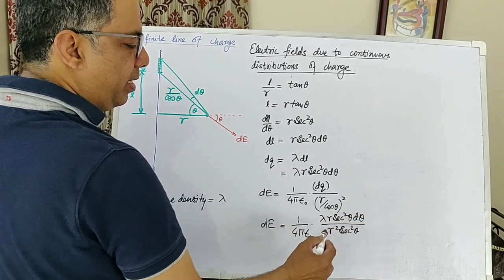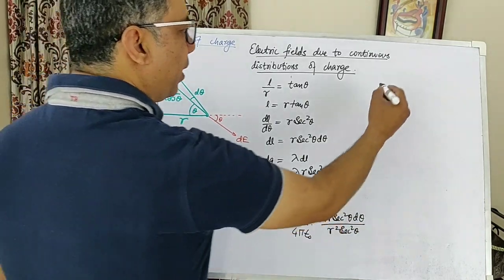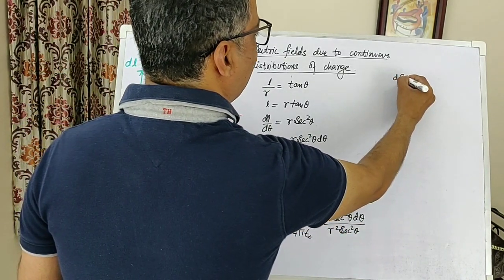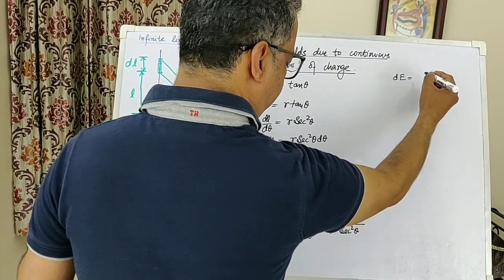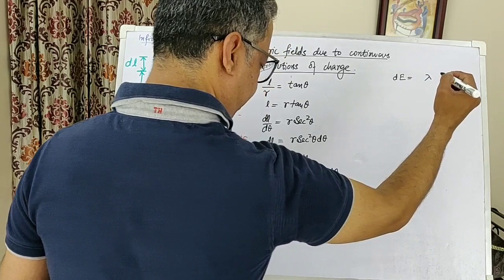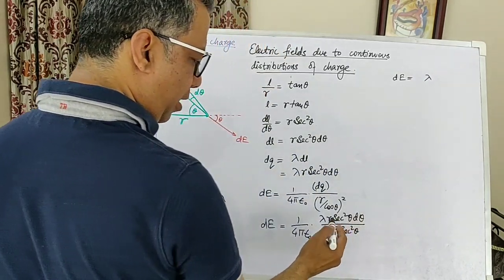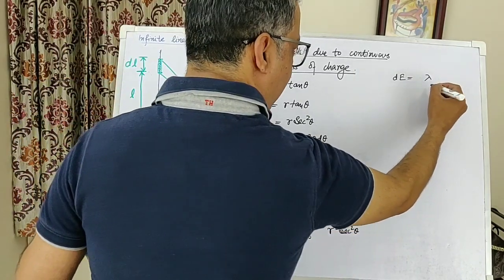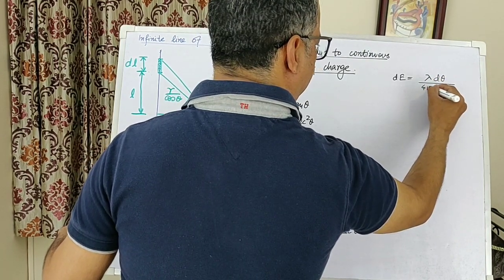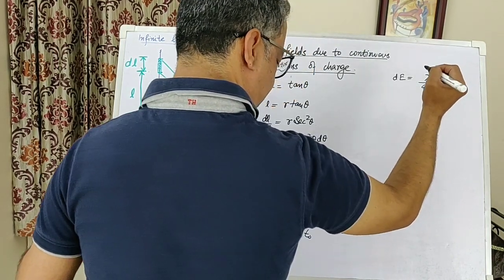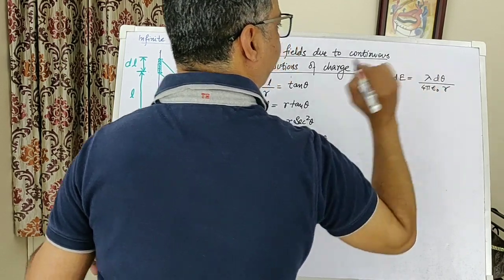Now the sec square theta cancels and r cancels. dE now is equal to lambda times d theta by 4 pi epsilon naught r.